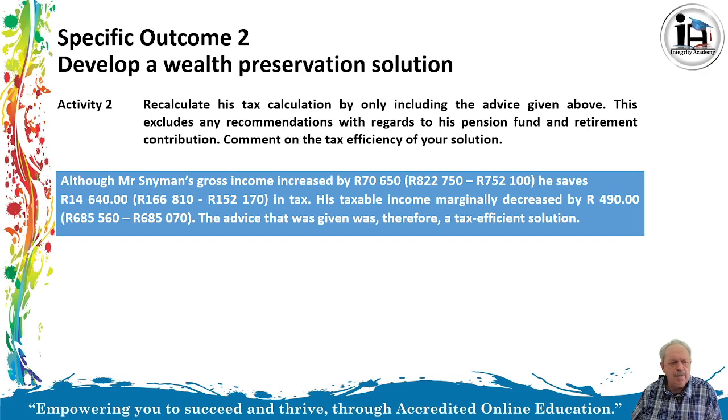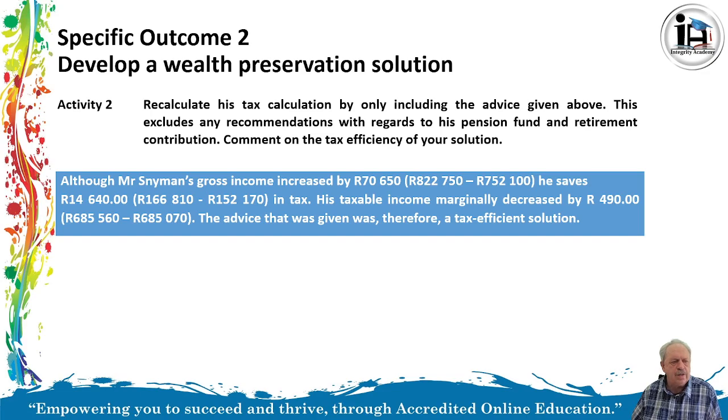So although Mr. Snyman's gross income increased by 70,650 to 822,750 from the 752,100, he saves 14,640. If we look at the tax, which was 166,810, it's now down to 152,170.